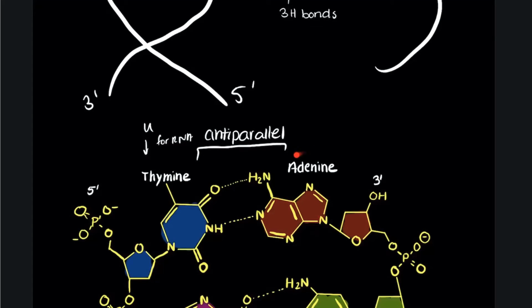So we have the adenine at the 3' end and the thymine at the 5' end, and in the middle we have those 2 hydrogen bonds. Recall that to have a hydrogen bond, you need to bond H to either N, O, or F. So those are all hydrogen bonds.